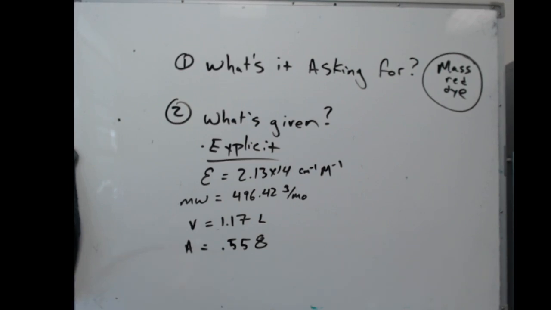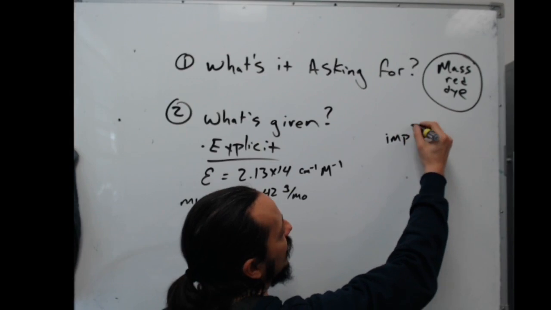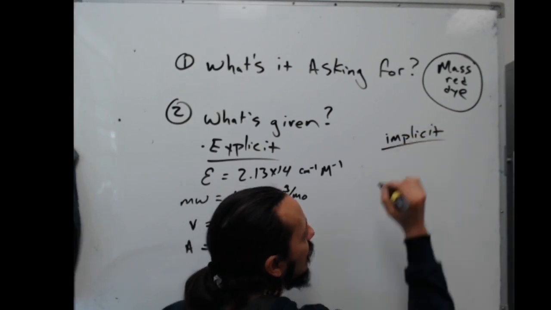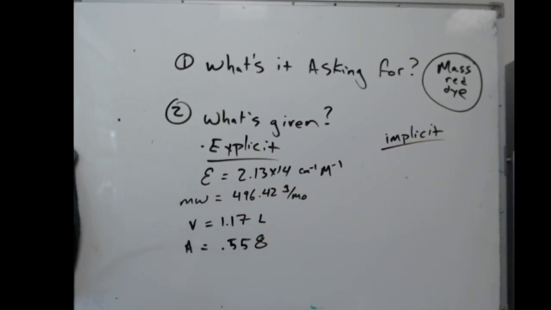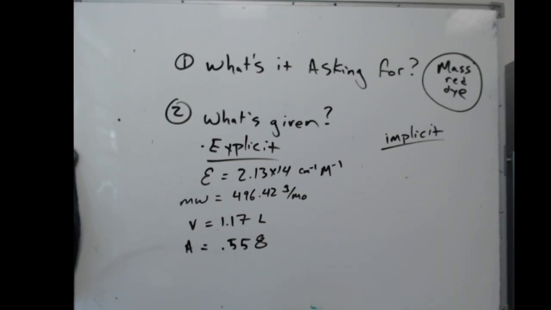But every problem, the trick of every problem is not the explicit information, it's the implicit information. Right? The implicit information is the things that aren't said in the problem that you're supposed to figure out. Every question that you're asked in pretty much any class is really asking about the implicit information.